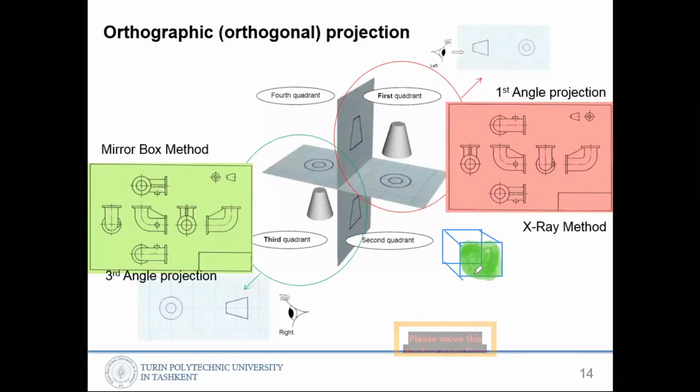So the front side is green. Green color is the front side. The red side is the top side of the part, and the yellow side is the left hand side of the part.